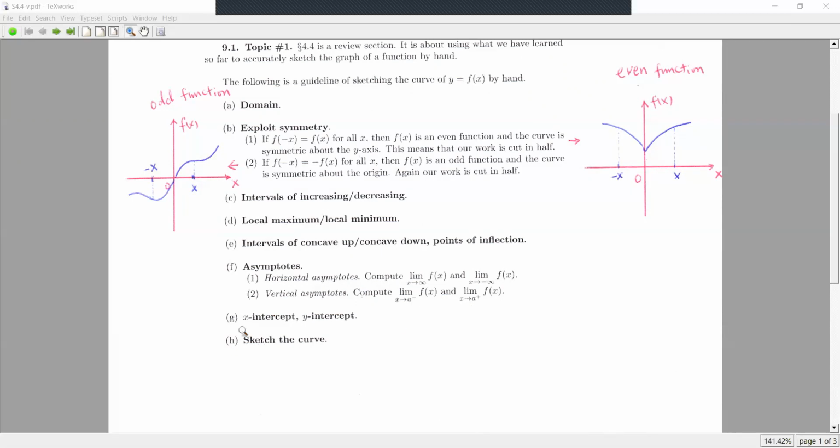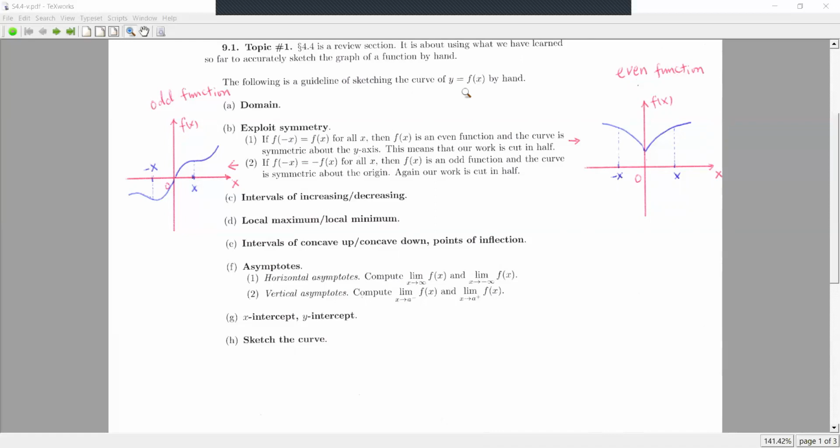Step 7, determine x-intercept, y-intercept. That means determine where the graph of the function gets across the x-axis and y-axis. To find x-intercept, set y to 0 and solve the equation f of x equals 0.